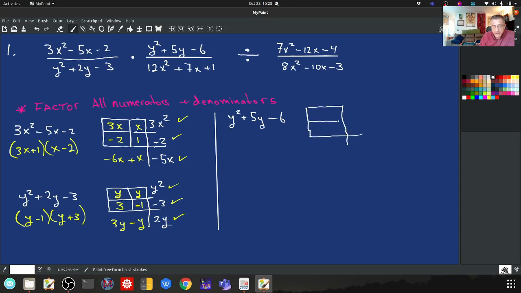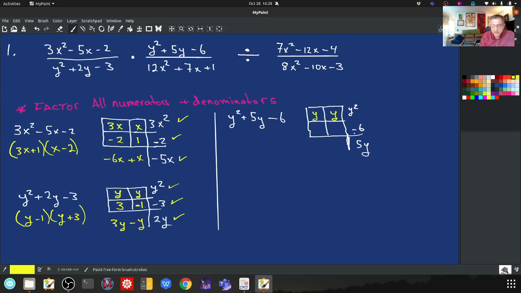And if you do factorizations a lot, the real question is, how do you find the split to get you the middle term? So here I need a y squared, a minus 6, and a 5y. Since this is y squared, I have no choice but to put a y and a y.